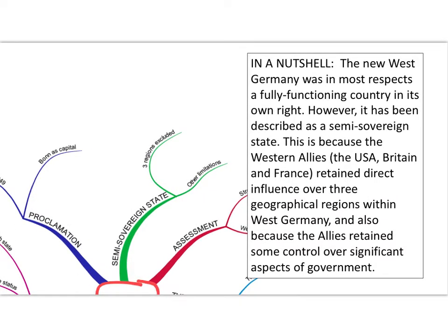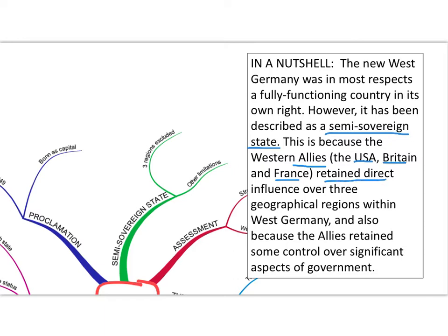Fully sovereign would mean that the German people would have absolute full control over the political and economic life of their nation. But that wasn't the case. There were certain aspects of rule that the Western Allies, that is America, Britain and France, still retained direct control over.